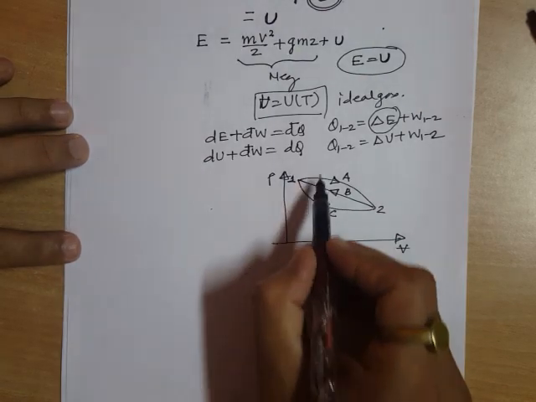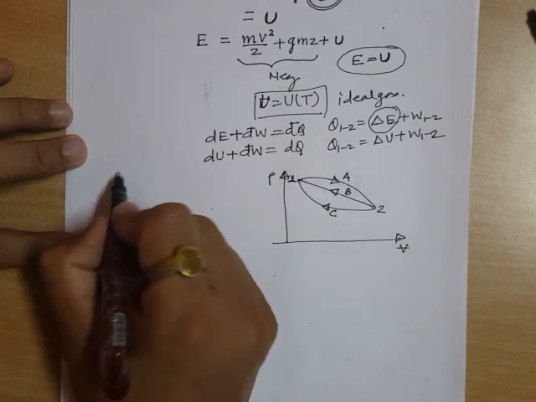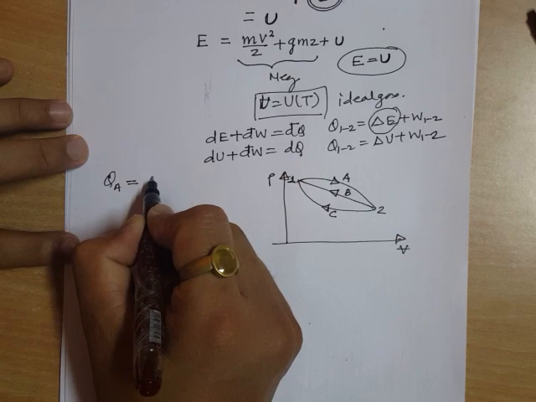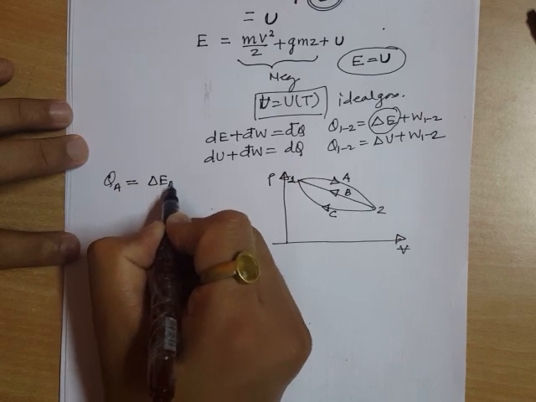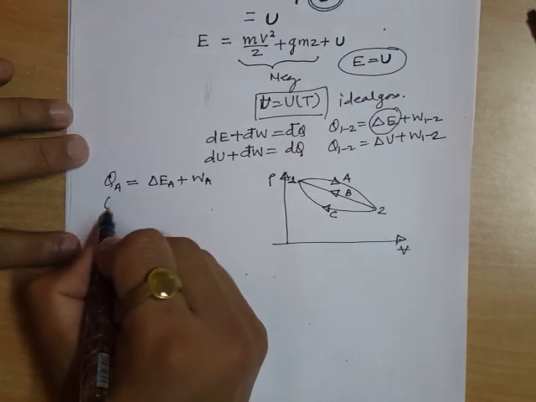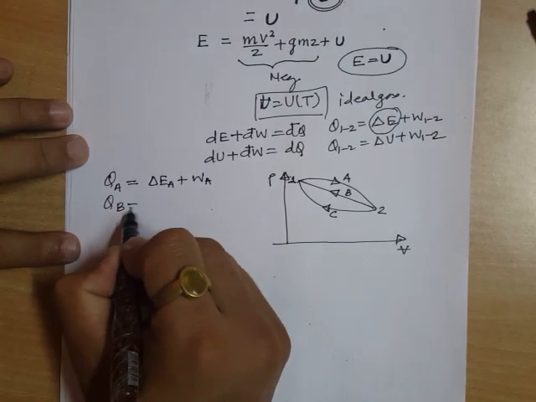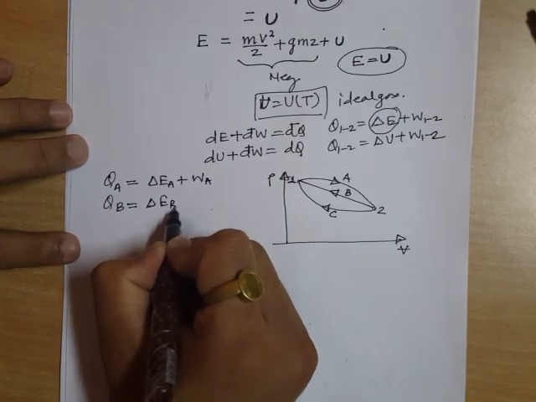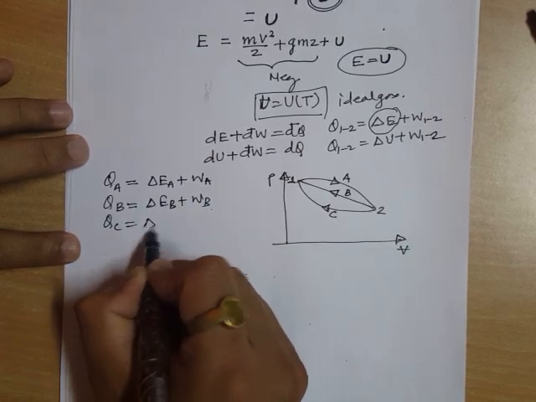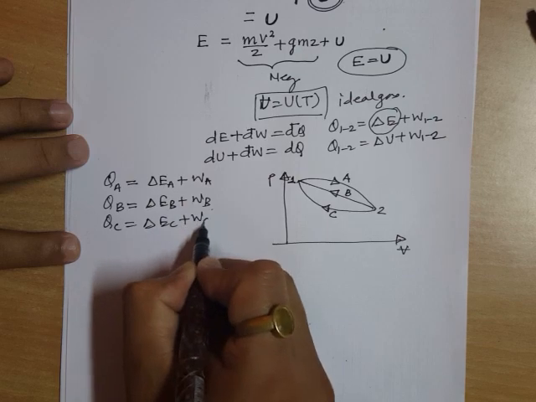Now, if I write the first law of thermodynamics for path A, then heat transfer in this path is equal to change in energy for path A plus work done in path A. For path B, Q_B is delta E for path B plus W for path B. Similarly, Q for path C will be delta E for path C plus W for path C.